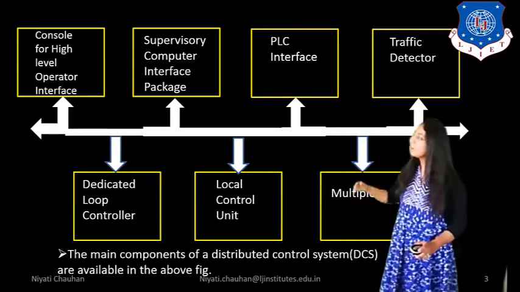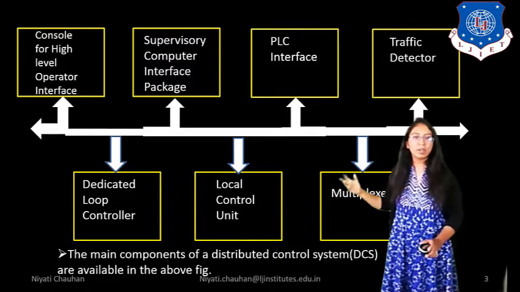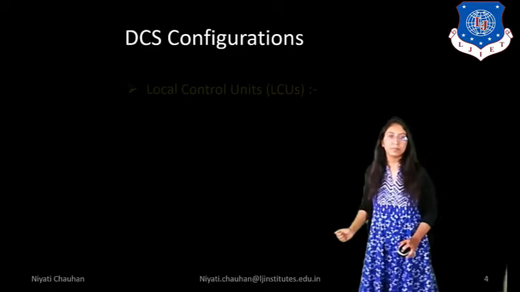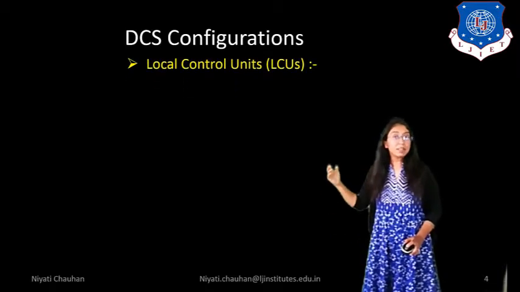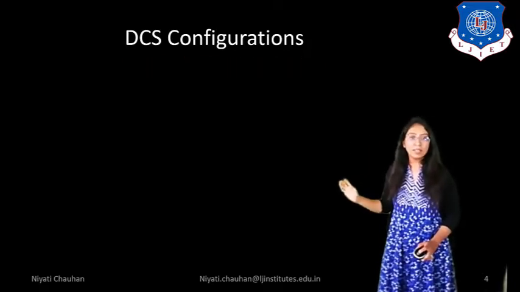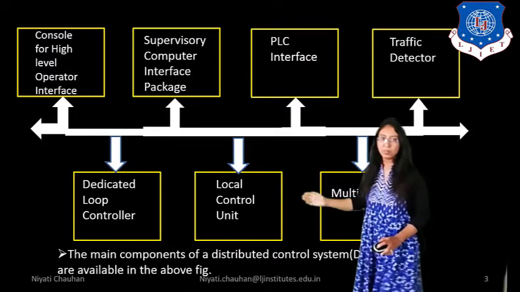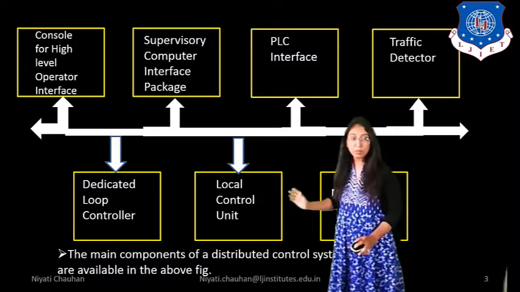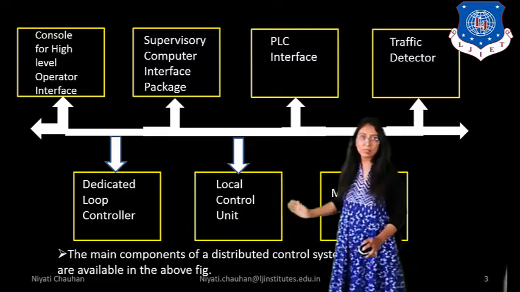These are the main components of a distributed control system. In this diagram you can see the local control unit, which is a main component of the distributed control system.